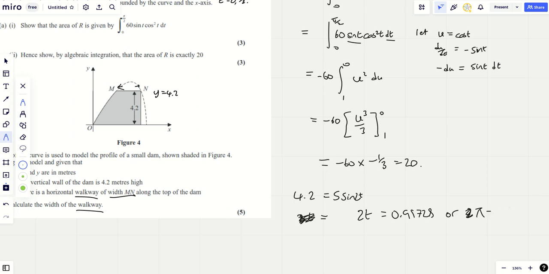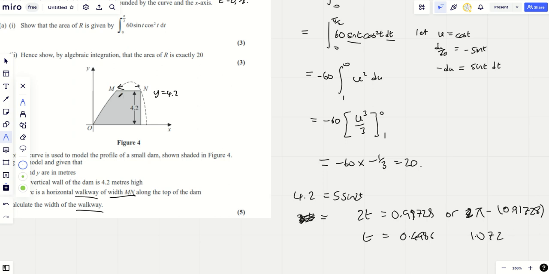So pi minus that gets to 2.144. Then you're just going to halve those two values, and you've got t, and that comes to 0.4986 or 1.072.